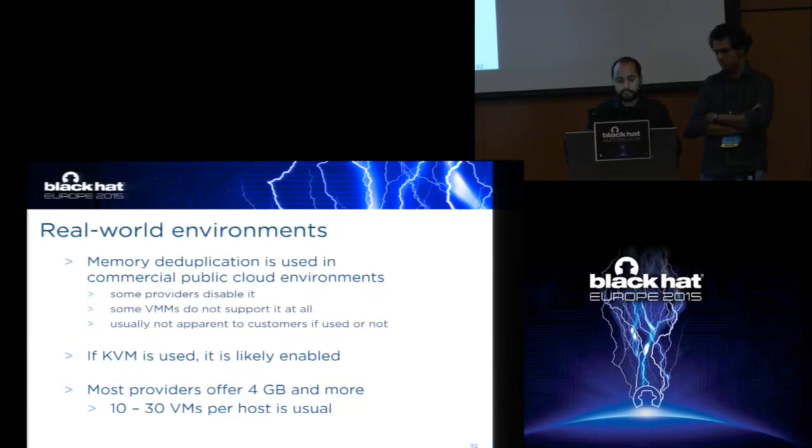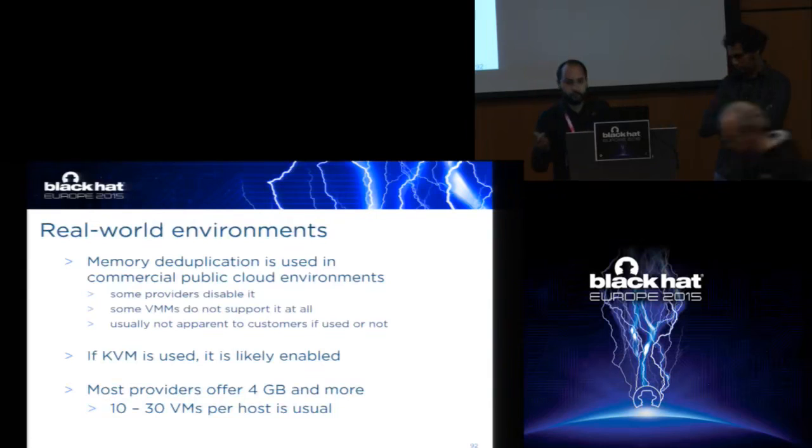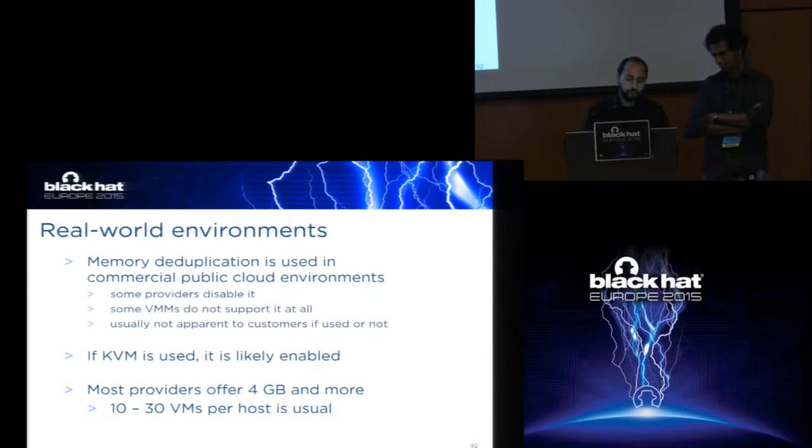And the other thing is that most providers, if you look at infrastructure as a service, you can still, as an attacker, rent different kinds of VMs with different memory. Most of the offers actually offer more than 4 gigabytes of memory. So from an attacker's point of view, an attacker could just rent one of these machines, and he would have enough memory to actually mount the attack.